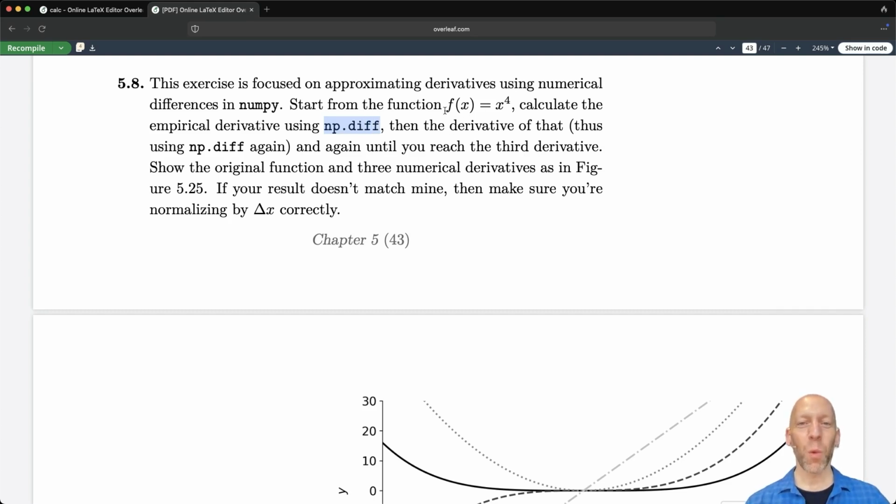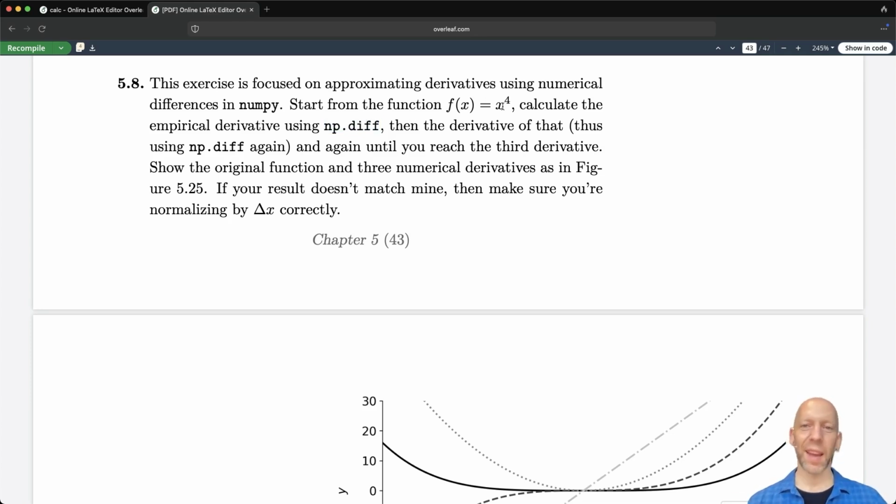So you have one variable for the function, and then you want to create a second variable, again in NumPy, as numpy.diff of this function, and then you create a third variable, and that variable is the derivative, so numpy.diff of the output of the numpy.diff function that you applied to the original function.